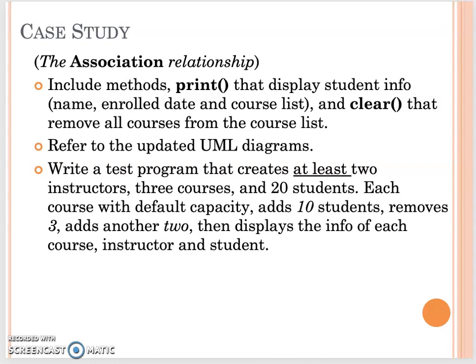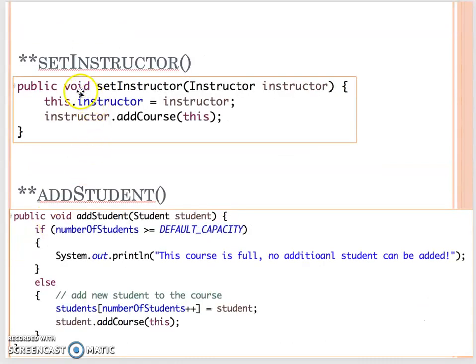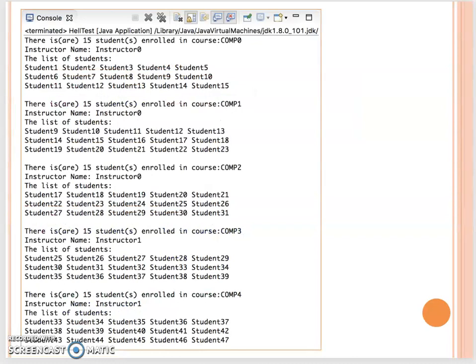And also here is my set instructor function, and your add student. They are pretty similar to what we have. So then that's my sample output from the test driver.